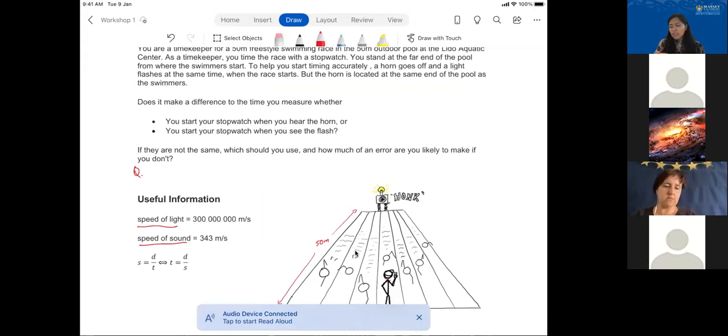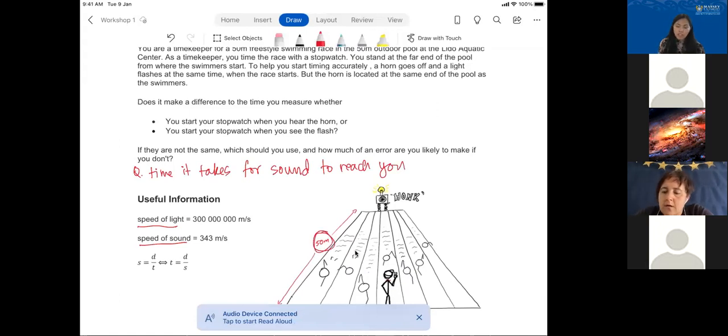Once you figure out the time, you ask yourself the time it takes for sound to reach you, traveling that 50 meters distance of the pool. That's the first question. And then you also have to figure out the time it takes for light to reach you, and then compare these two times.